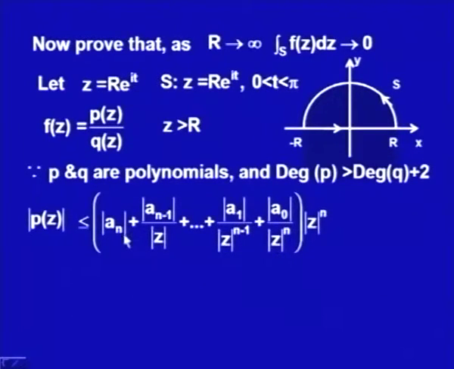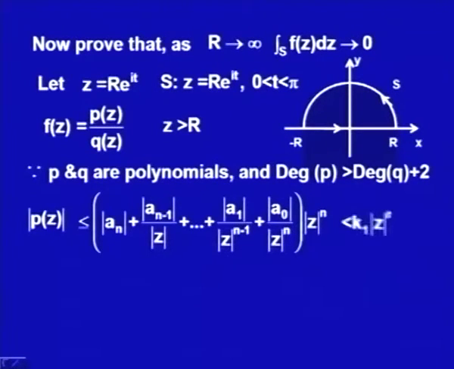So each of these terms is bounded by some constant, since R is large enough. All the terms inside this bracket are bounded by some constant, say k_1.